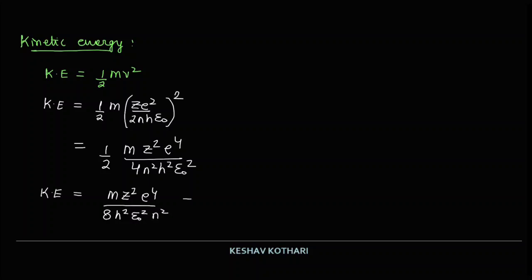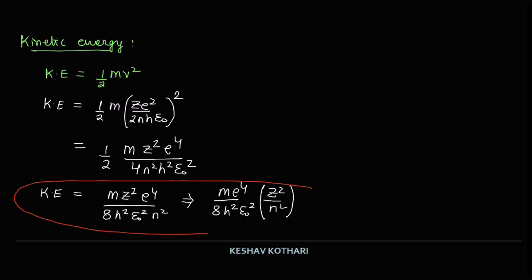So again we are seeing that this depends upon m e to the power 4 upon 8 h square epsilon naught square into z square by n square. So it is a positive quantity, and this expression is again proportional to z square by n square.